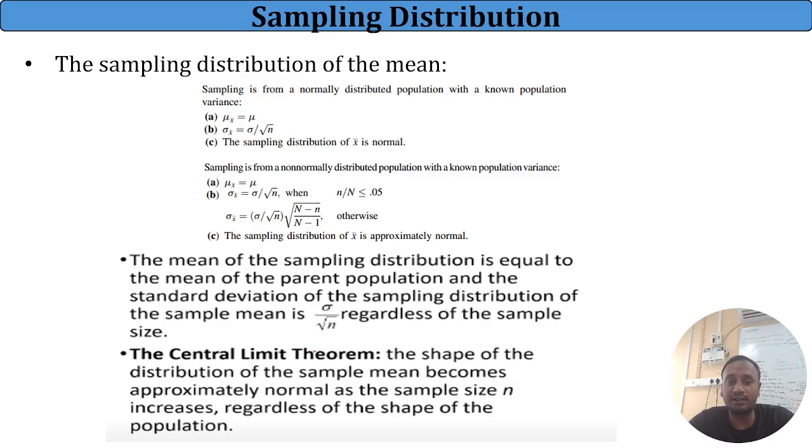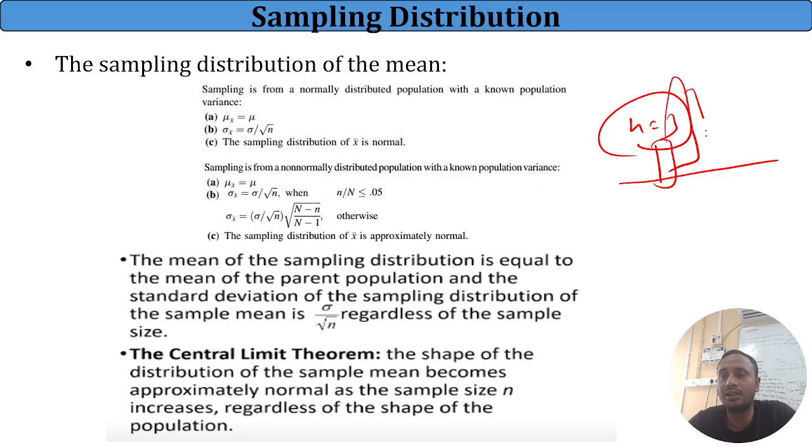Second, according to the central limit theorem, the shape of the distribution of a sample mean becomes approximately normal as the sample size increases, regardless of the shape of the population. So that is the central limit theorem. It tells us how a skewed distribution tends toward the normal distribution as the sample size increases continuously. When n = 3, there is no chance you will get a normal distribution.